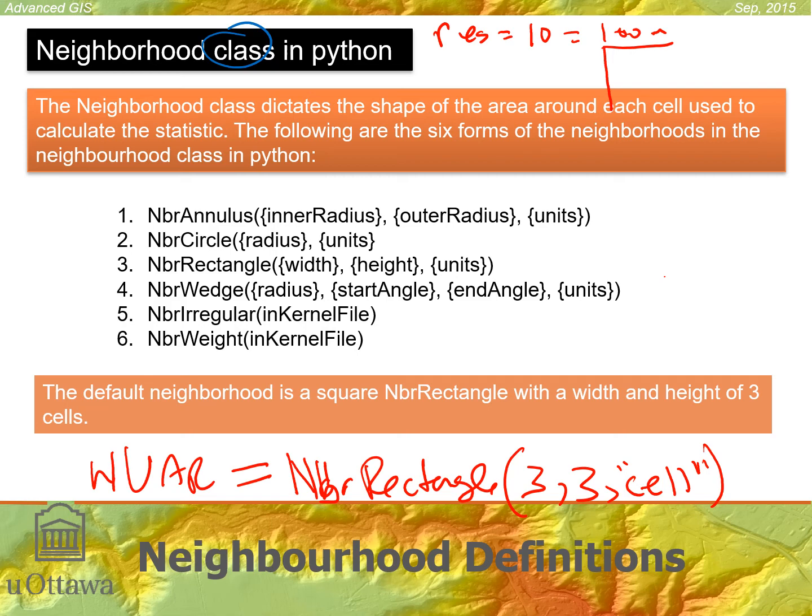And then the height would be also 100 meters. And 10 cells, unfortunately, because they're both 10 cells, an even number, that would mean that our focal cell wouldn't be exactly in the center. It would be offset from the center a little bit.